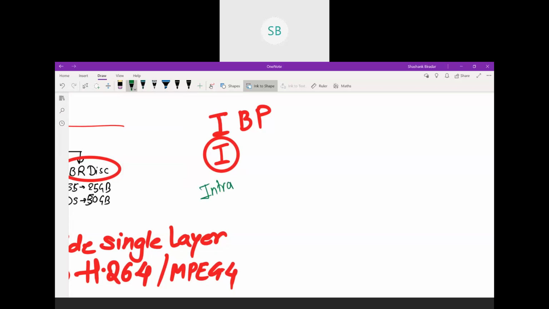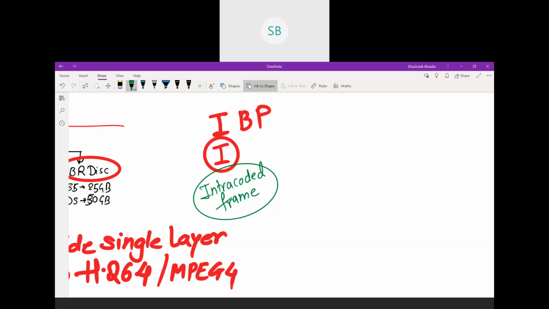So that is the first frame, because so as to compress the second and third and fourth and subsequent frames, we need some basic reference. For example, in object detection, in what trajectory the object is moving, for that purpose we must know the initial position of the object. And how do we know the initial position of the object? By referring to the very first frame. And that frame is called the intra coded frame.